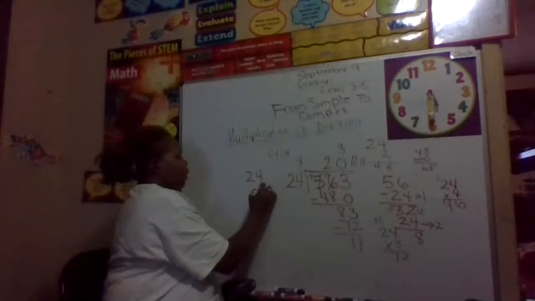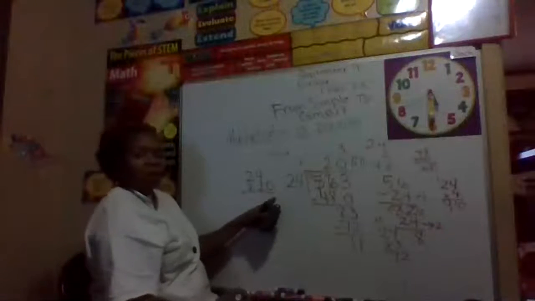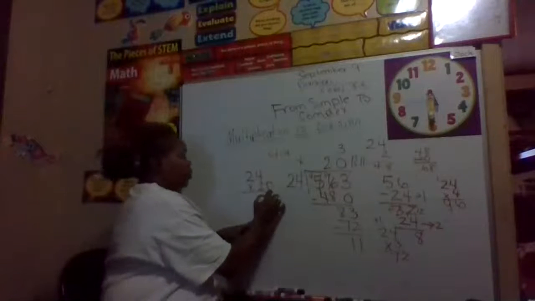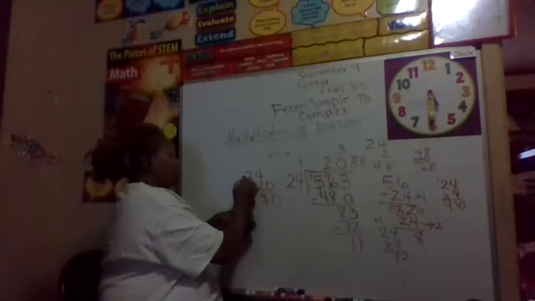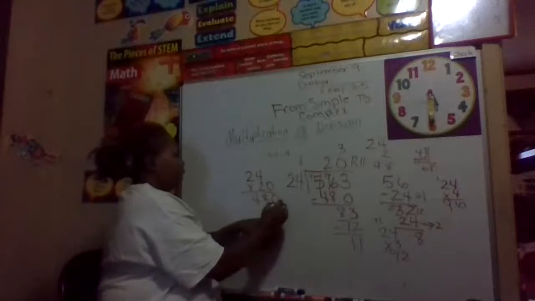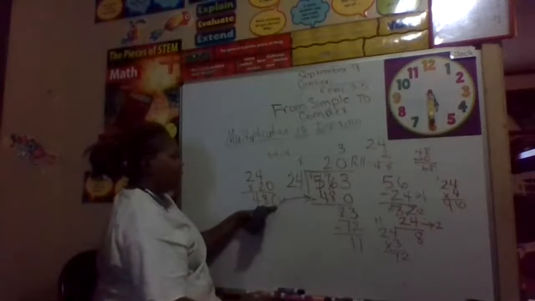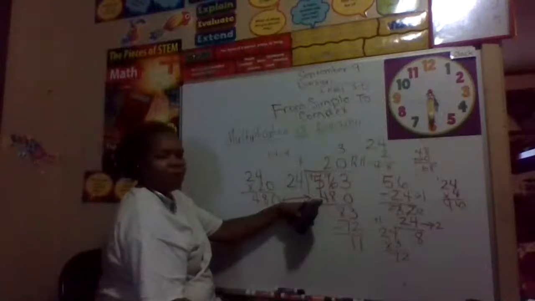Now, we're just going to put this 0 over here because that 0 is going to cancel itself out anyway. So let's just bring down the 0 here. And then 2 times 4 is 8, and 2 times 2 is 4. Now, let's look over here. We have 480 here when we multiply it, and we have 480 here. Why do you think that's so?